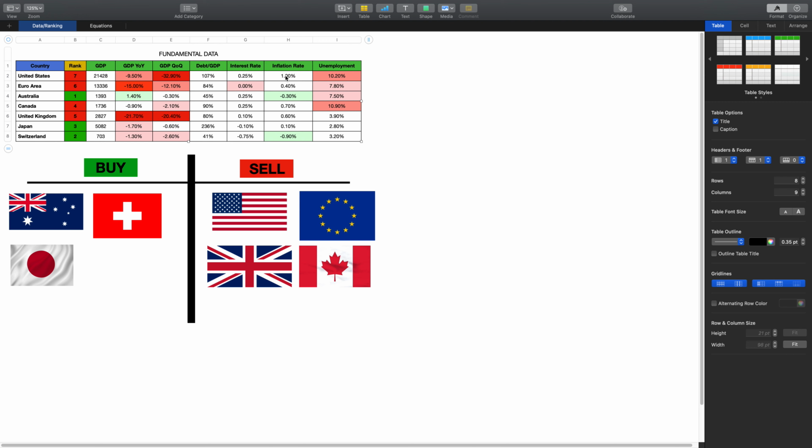Interest rates all stayed the same. Inflation all stayed the same except for the U.S. The USA's inflation rate changed to 1%. And if you've ever watched my introduction to the fundamental side of things in my trading, I talked about how I prefer a lower inflation to be better as far as ranking this sheet goes.